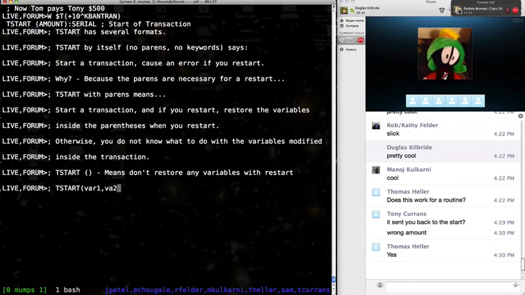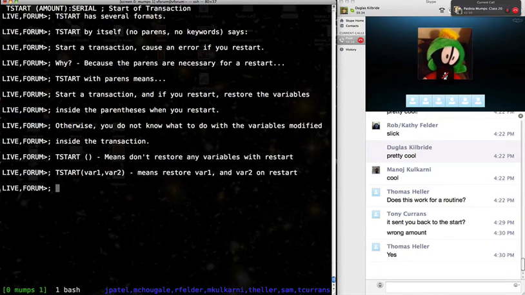You could do this, which means restore var1 and var2 on restart. And then you could do the following.